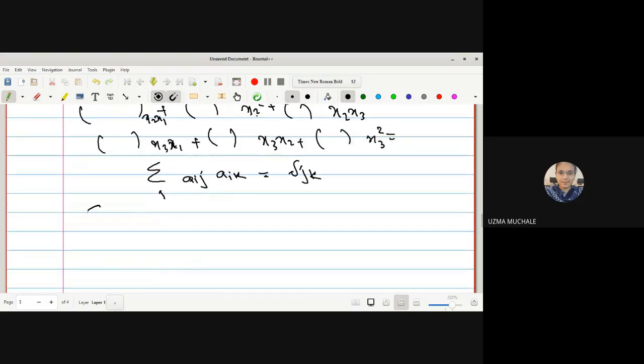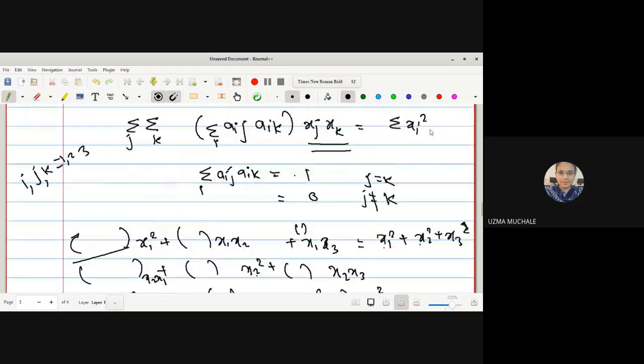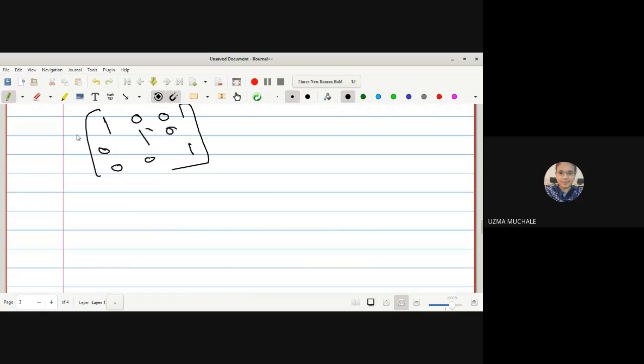Or in another way, I can show this as a11, a12 and a13 is 1, all others are 0. The coefficient, right? J and k both are equal to 1, then a11, a12, a13 and so on. So it will be a matrix like 1, 1, 1 here and all others are 0.